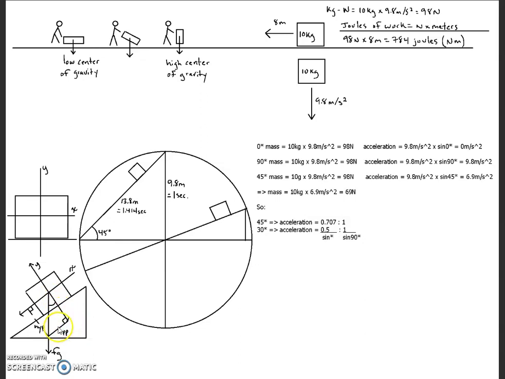Our acceleration is going to be relative to the opposite, which, if we just draw a parallelogram here, becomes your F net, your net force, or your force of acceleration.